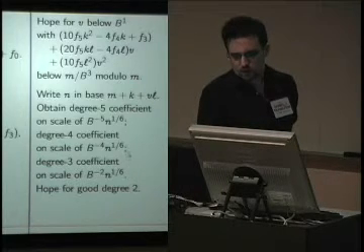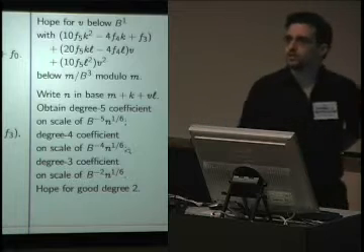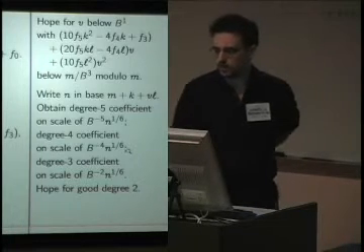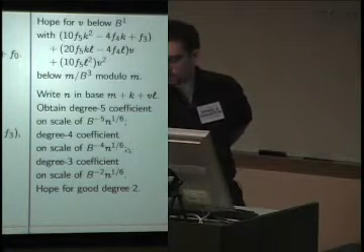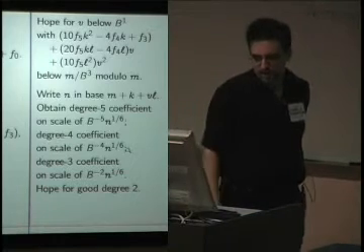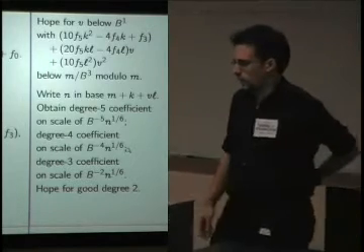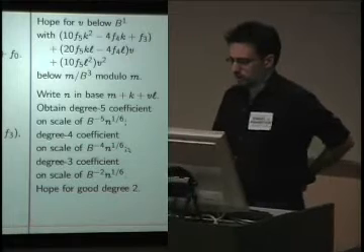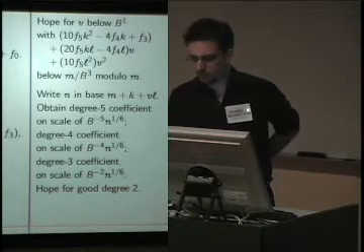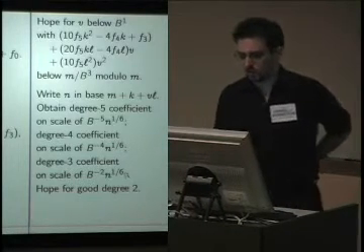The degree 4 coefficient, f4, you can easily make be on the same scale as f5. Now it's somewhat bigger, b to the minus 4, but that's okay. It doesn't affect the total size of the norms until it gets up to b to the minus 3.5. b to the minus 2 is the right size for the degree 3 coefficient.